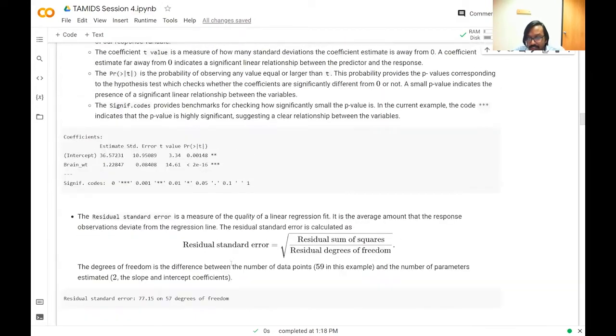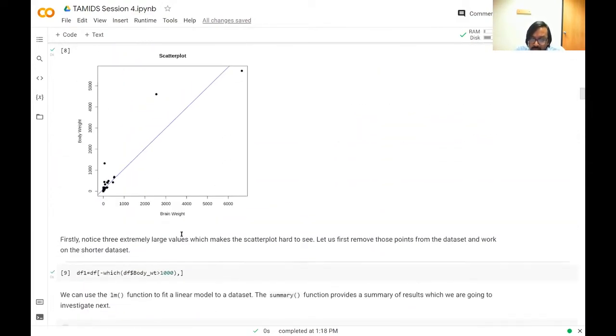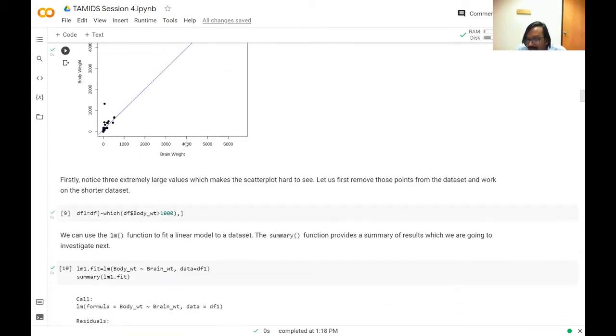Well, at the end of the day, what we are trying to understand is how the body weight varies, and is there a pattern in which the body weight varies if I know the brain weight? I am trying to understand how the body weight varies as I vary the brain weight with the help of this regression line.